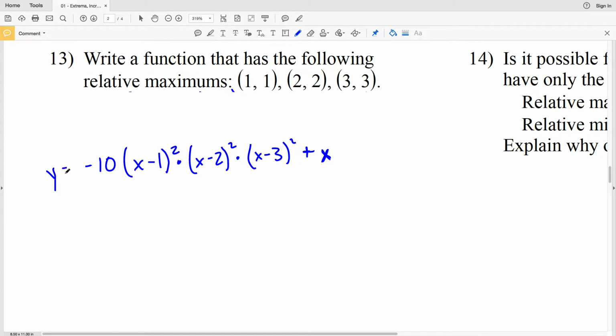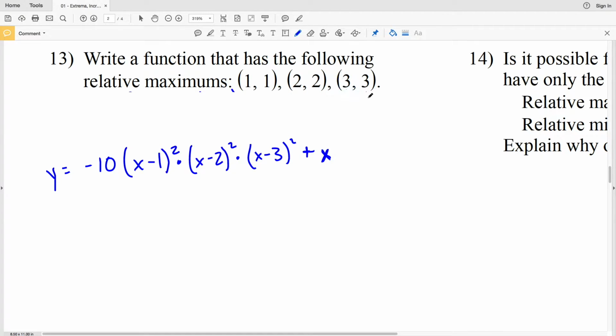So if we have y equal to negative 10 times x minus 1 squared times x minus 2 squared times x minus 3 squared plus x, when we plug in 1 for x, we will get 1 for y. If we plug in 2 for x, we'll get 2 for y.